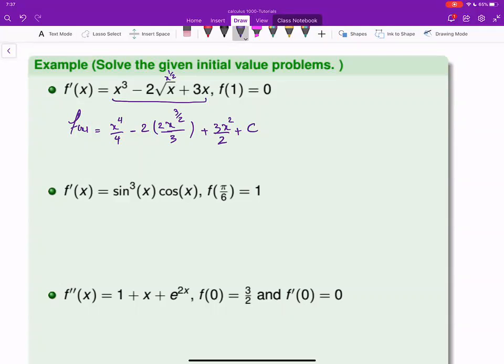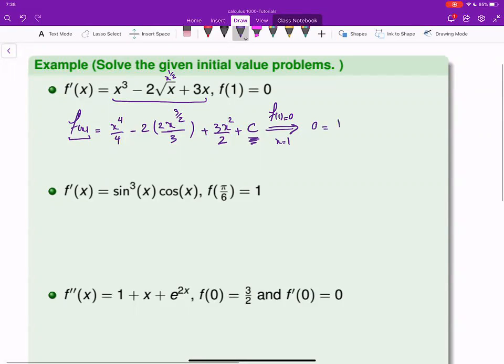Okay? Then, well, I haven't found f yet, because in f you have a constant and you don't know what that constant is yet. But if I plug in the value of the function at 1, it means let x be equal to 1. In that case, the left-hand side is going to be 0.